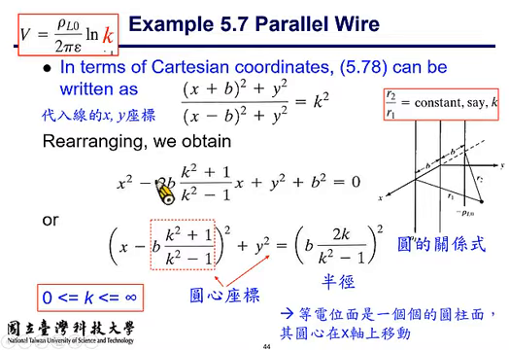And you can find that this equation can be expressed as the equation for circles. Based on this equation, you can find out the radius of the circle, and you can also find out the center of the circle. And the K value varies between 0 and infinity. Right?